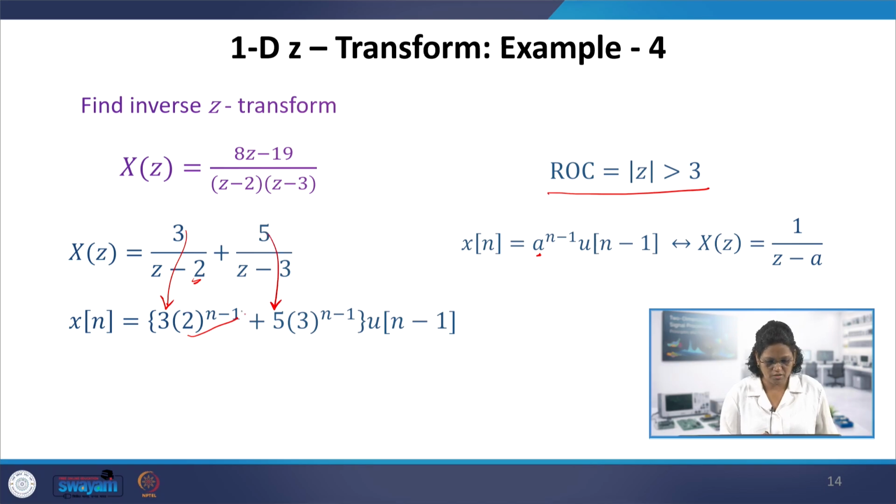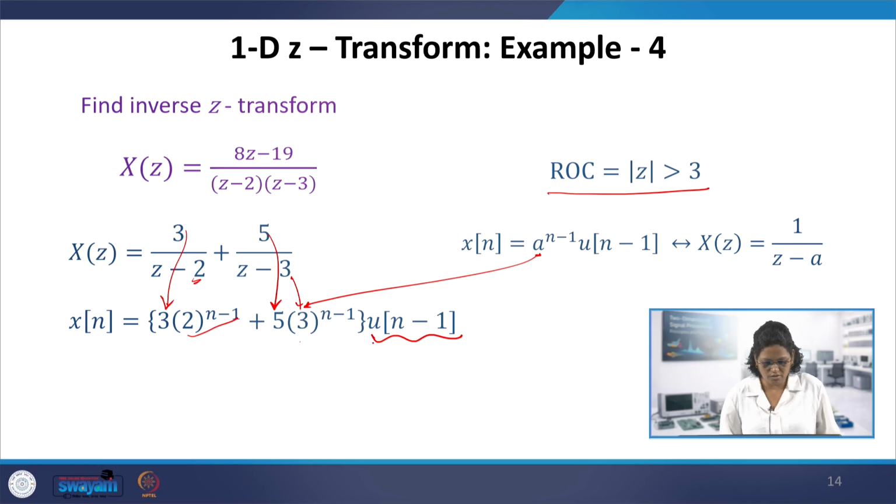Then 5 is taken similarly with z minus 3, where a is 3, so 3 power n minus 1. So u of n minus 1 is common.